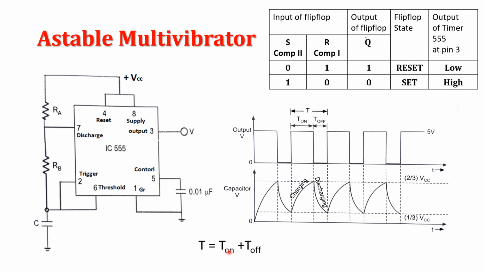When it is in the set condition, the capacitor is charging, and the charging time constant is (Ra plus Rb) multiplied by C. When the capacitor is discharging, it discharges through Rb only, and therefore the discharging time constant is Rb multiplied by C. Using these two terms, we find the total time period, the frequency and the duty cycle.